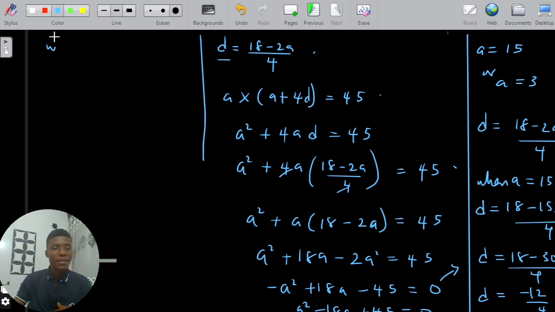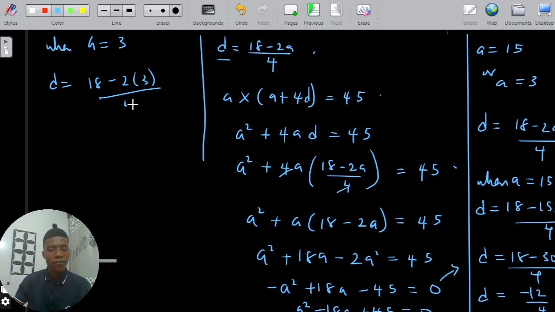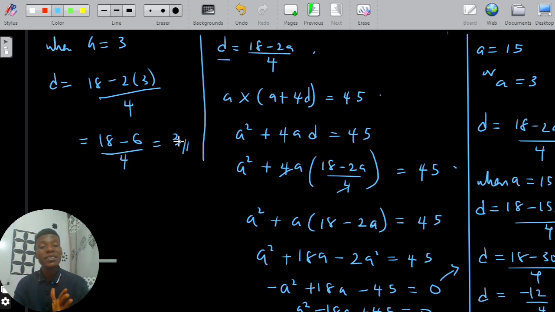Also, when a is equal to 3, we have d equals (18 minus 2 times 3) over 4, which is 18 minus 6 over 4, which is equal to 3. So from this solution, we can see that we have two first terms and two common differences. So what is the sequence going to look like?